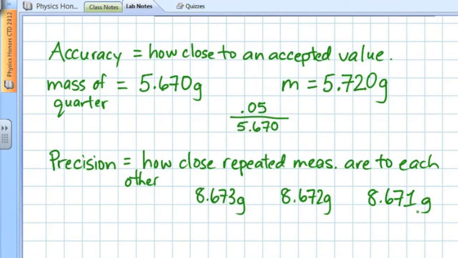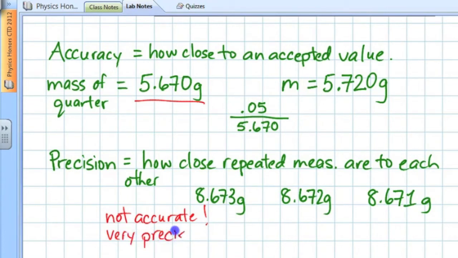Okay, so we already know that that's not very accurate. The reason we know it's not accurate is that the real value, the accepted value, is 5.670. Okay, so we are not accurate at all. But these values are all very close to each other, so we would say that they're very precise. So they're not accurate, but they're very precise.